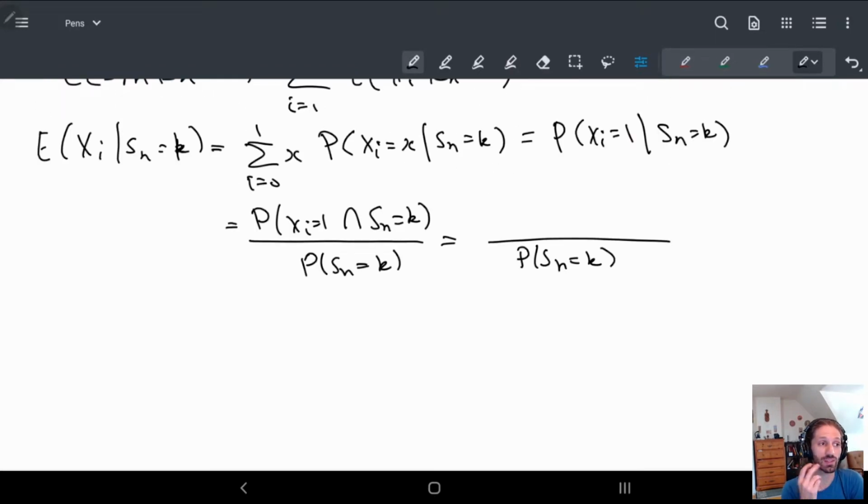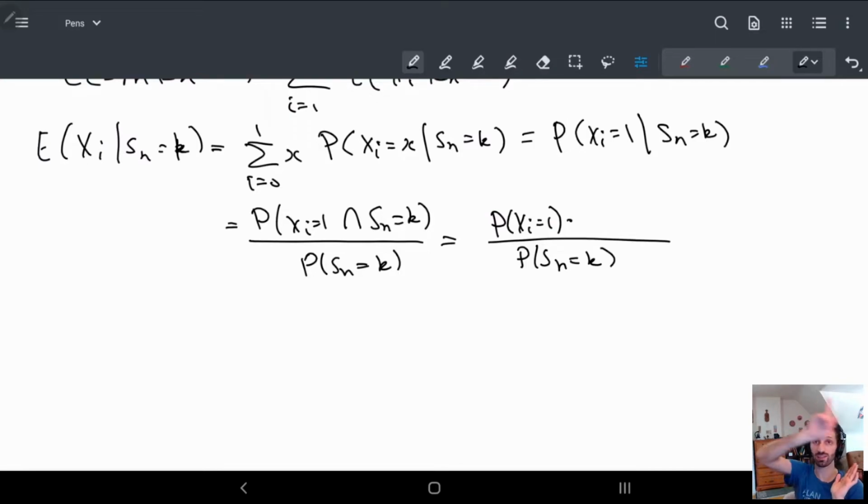And here we have to think about this for a minute. If I know that the ith one is equal to 1, and I know I have k of them that are successful, what is it? So the ith one being 1 tells me the ith one is successful. They're all independent. So what I can do is pull this ith one out. I can say, okay, this is the indicator that xi is equal to 1 times, well, all the other ones, the n minus 1 other ones.